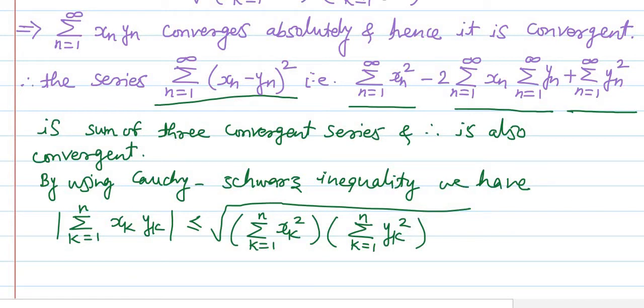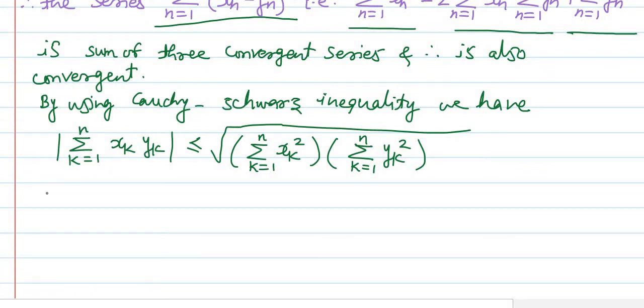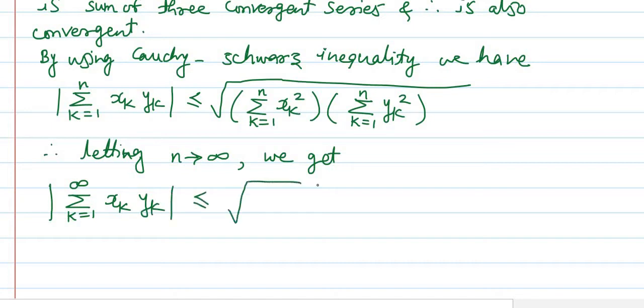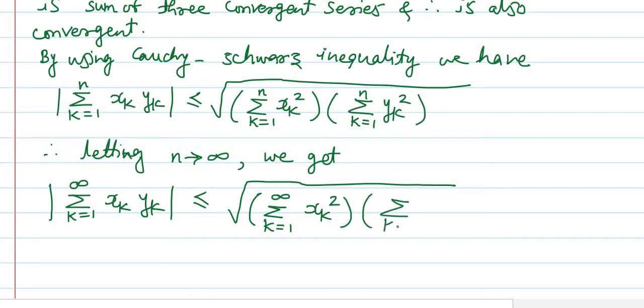And if we take the limits of both sides as n tends to infinity, we get the modulus of summation over k equal to 1 to infinity xk yk is less than or equal to the square root of summation over k equal to 1 to infinity xk square into summation over k equal to 1 to infinity yk square.